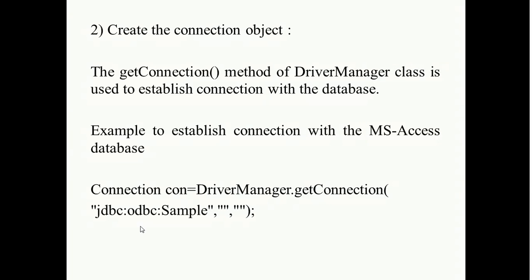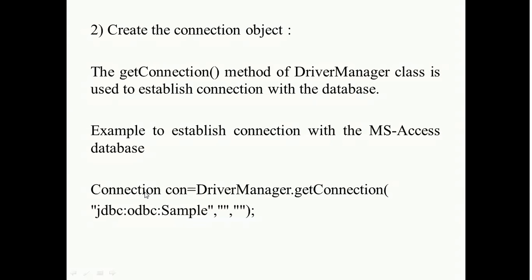The syntax is Connection con, where con is the object of the Connection. Connection con is equal to DriverManager.getConnection in brackets "jdbc:odbc:sample", then double quote and double quote. This first double quote indicates the username and this second double quote indicates the password. And sample is a database name, the MS Access database name.